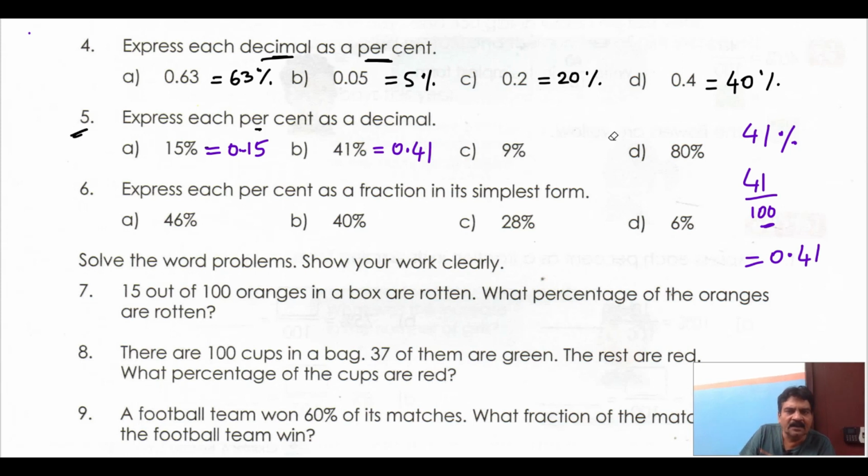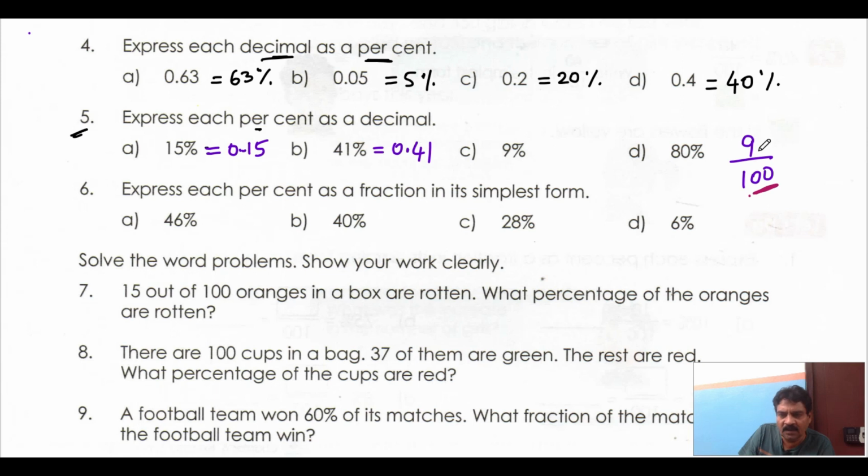In the same way, now it is 9%. It is something important. Kindly pay attention towards it. It is 9%. 9 means what? Out of 100. 9 out of 100. Now see here, you have two zeros in the denominator, means you should have two numbers.